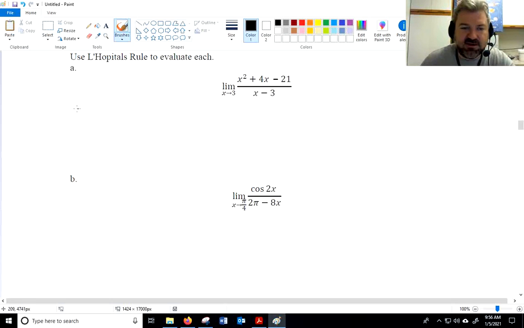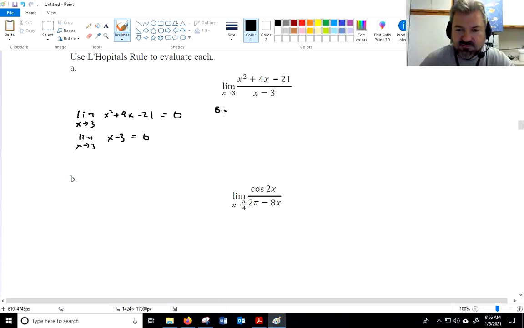All right, let's take a look at the limit of the numerator. X squared plus 4x minus 21. It's 9 plus 12 is 21 minus 21 is 0. So that limit is going to 0. The limit as x approaches 3 of x minus 3 is definitely also going to 0.